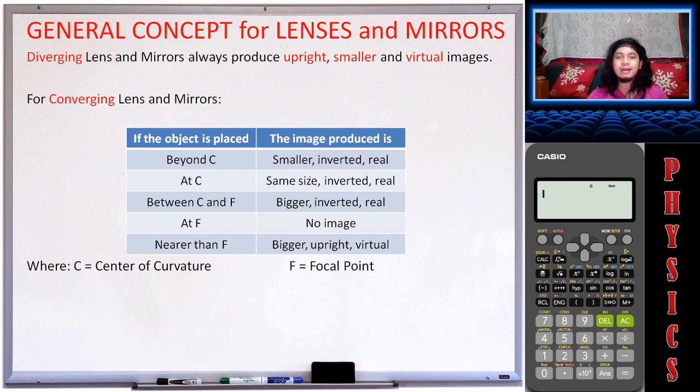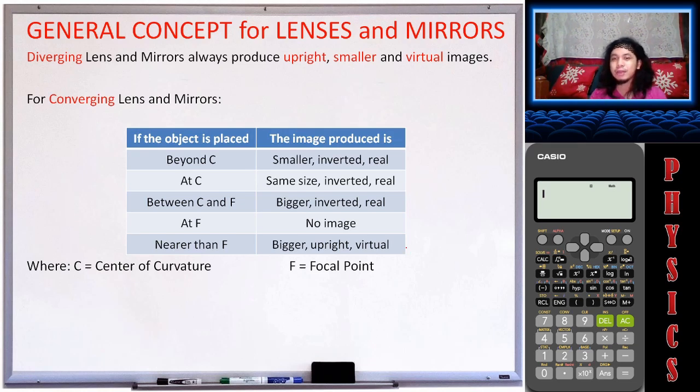Kapag nasa center ang ating object, same size, inverted, and real. Kapag between center and focus, bigger, inverted, and real. At lagi po kapag nasa focus, walang image na mapoproduce. At kapag mas malapit naman sa focus, ang nakukuha ay bigger, upright, and virtual. So parati po yan. Yan po yung concept ng ating lenses and mirror na dapat i-master natin.